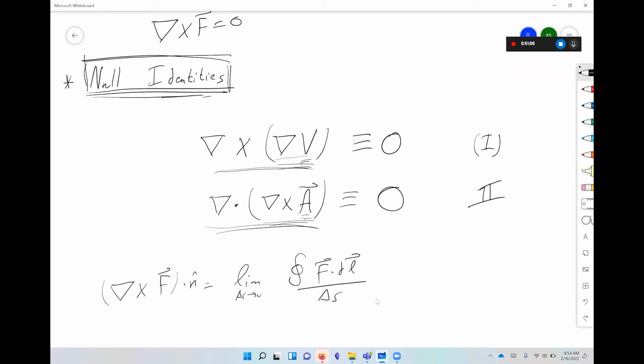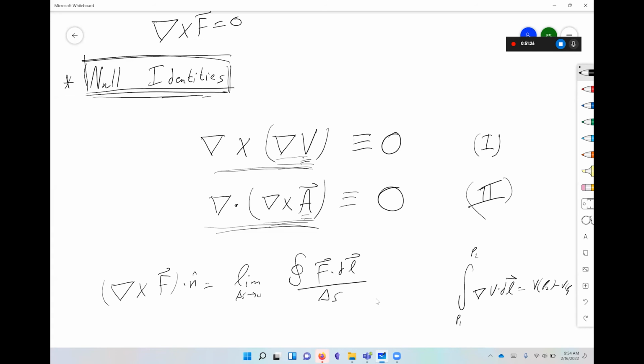What did we say if we have a field that comes from a gradient? What does that mean? If I have a field that I get from a gradient, remember, we said if we integrate from point 1 to point 2 of gradient V dot dl, that equals V at P2 minus V at P1.